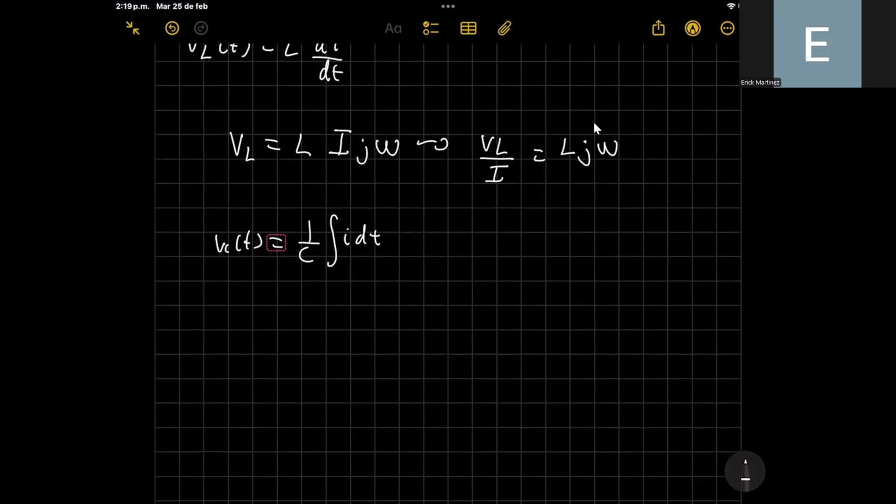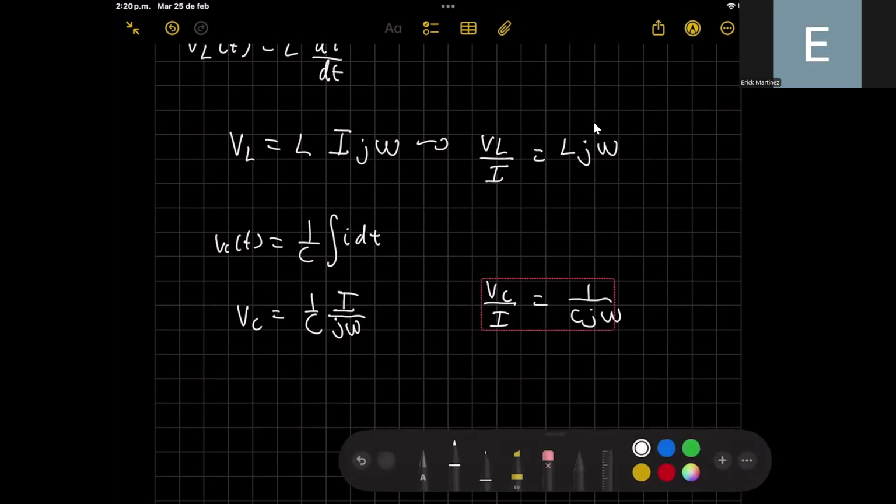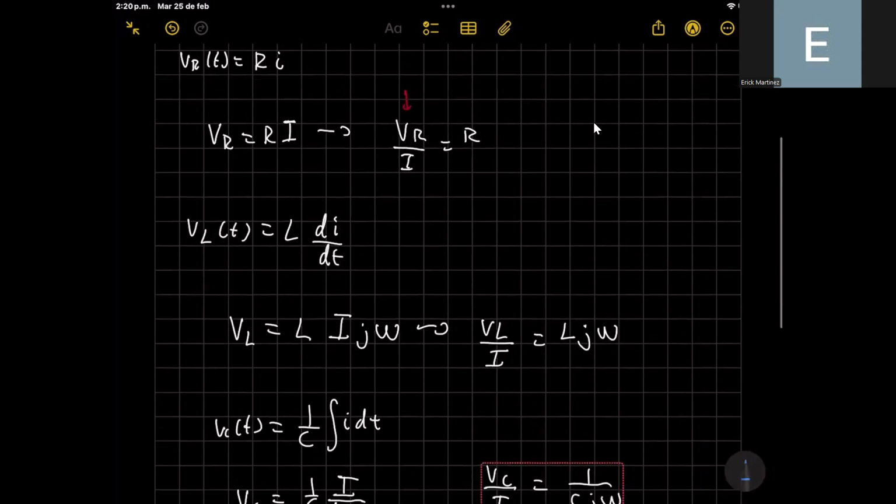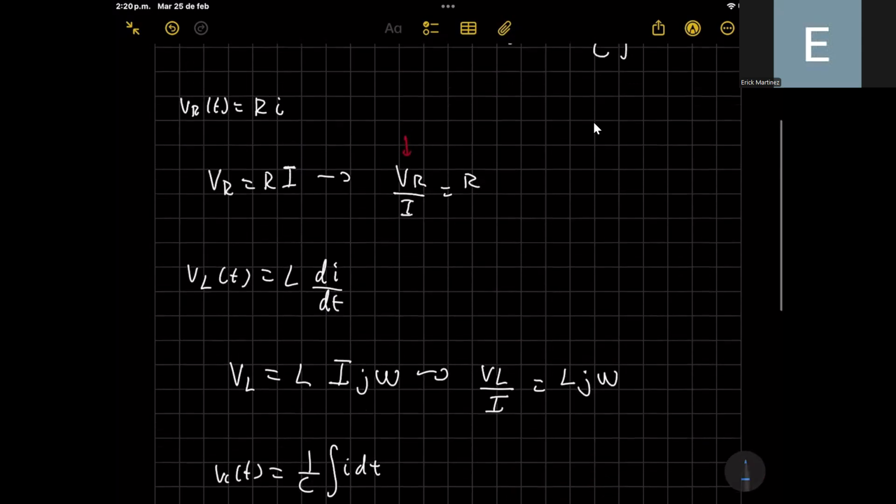I can compute the phasor of the voltage of the capacitor, which is equal to 1 over C times the phasor of this integral, that is, the phasor of the current divided by j omega. So the voltage to current relationship for this element is the voltage of the capacitor over the current phasor, equal to 1 over C times j omega.